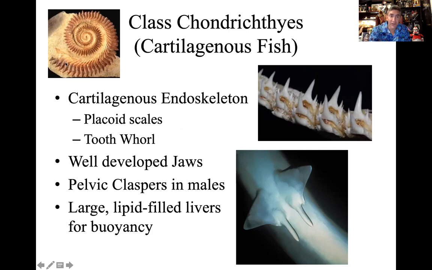This is actually a fossilized remnant. If you look at some fossil pictures in the book, of these transitional fossilized species, they had really extravagant tooth whorls. Modern day Chondrichthyes have tooth whorls that look more like this.